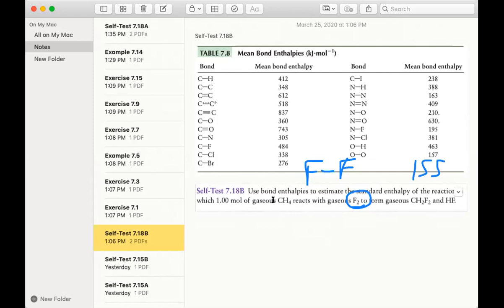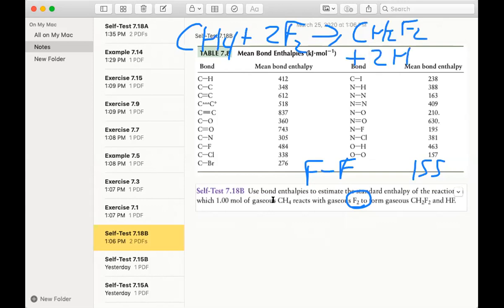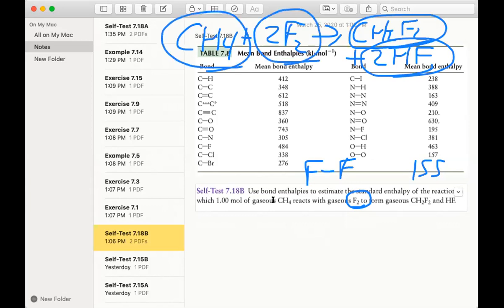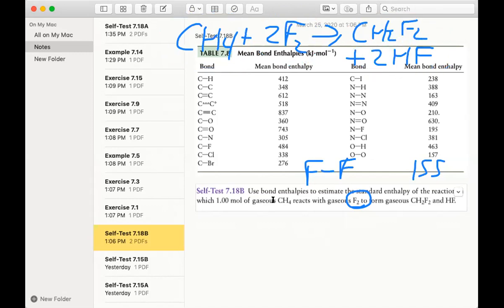So what you have in this situation is CH4 plus 2 F2s yielding CH2F2 plus 2 HF. Okay, so what forms? You've got 2 HF bonds forming and 2 CF bonds forming, and what breaks? 2 FF bonds break and then 2 CH bonds break. Okay, so go ahead and give this a shot. All right, do your best, and I'll be ready to go through it.